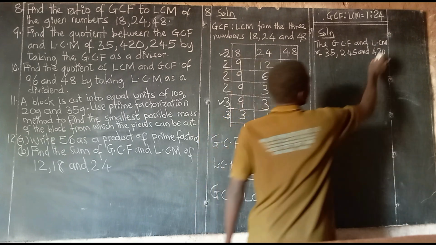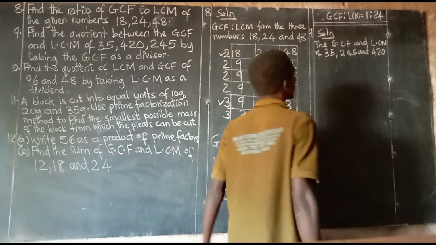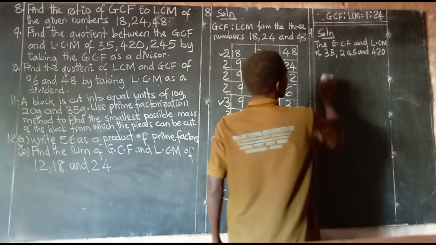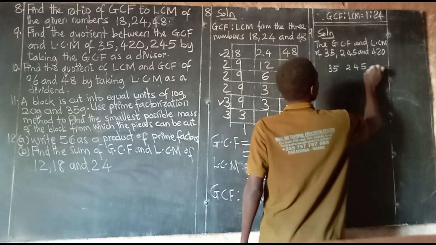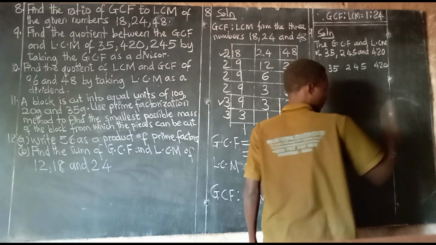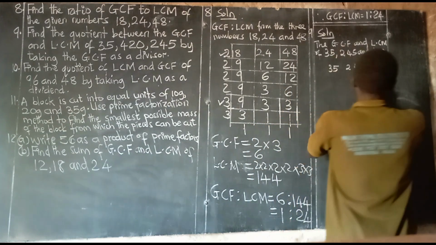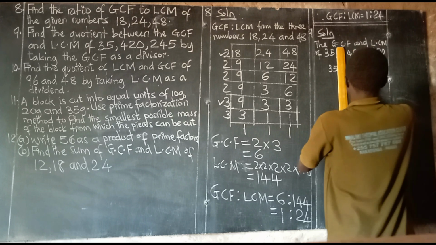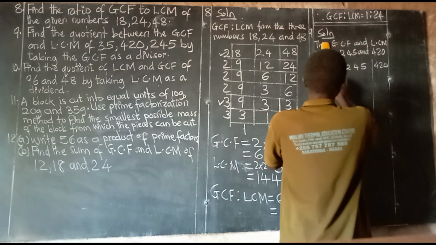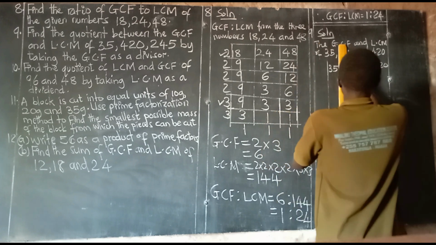Now, how are we going to obtain the GCF and the LCM? As usual, we have 35, 245, 420. After that, you have to put your vertical and horizontal lines, as I have been doing here, as usual.